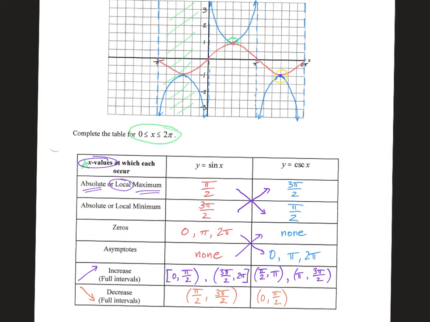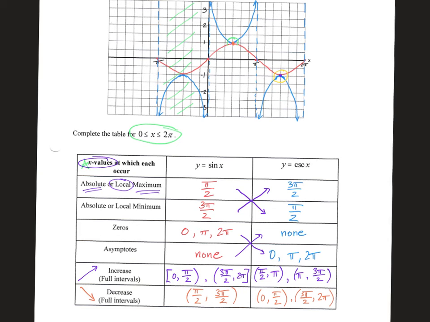And then it continues to decrease from 3 pi by 2 and down. And I can't include the outsides of both of those because they lie on asymptotes.